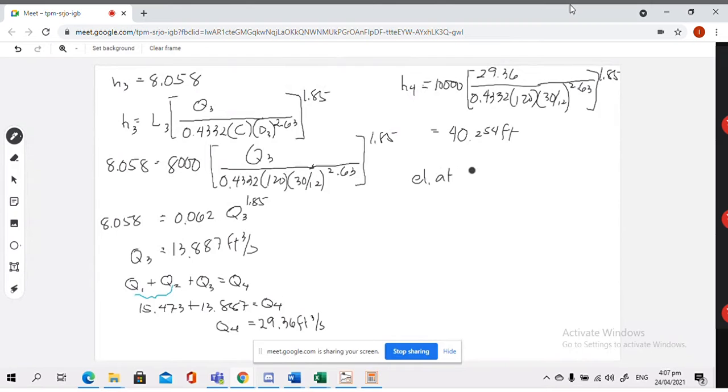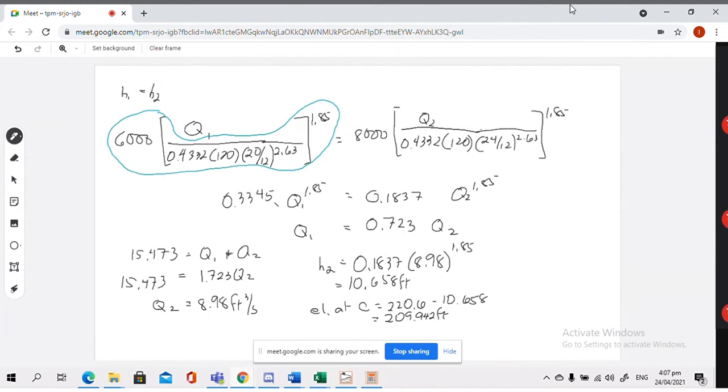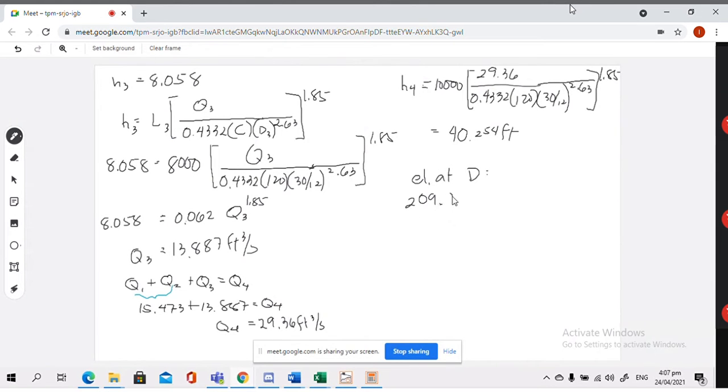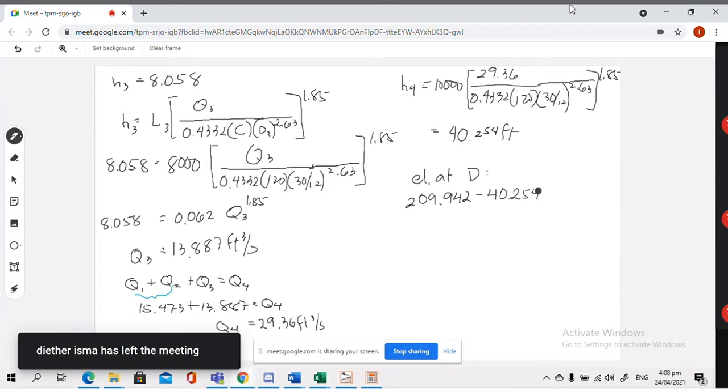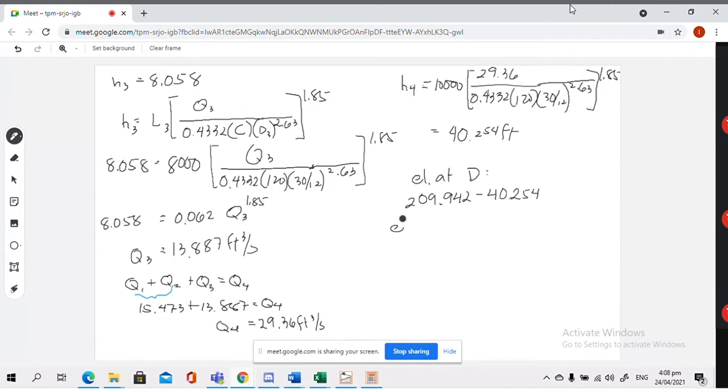Elevation at D is equal to 209.942 minus 40.254. Okay, so the elevation at D is equal to 169.688.